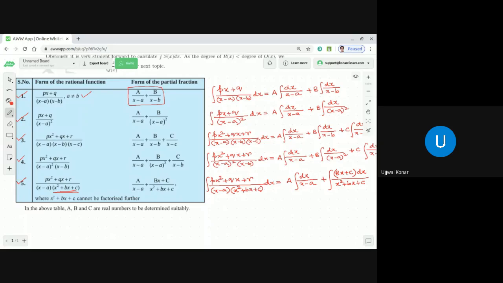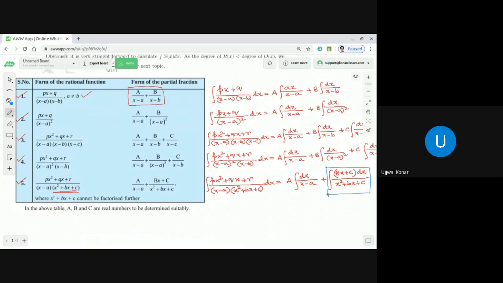In the right hand side, dear students, you know how to integrate dx by x minus a. You also know how to integrate bx plus c dx divided by x square plus bx plus c.